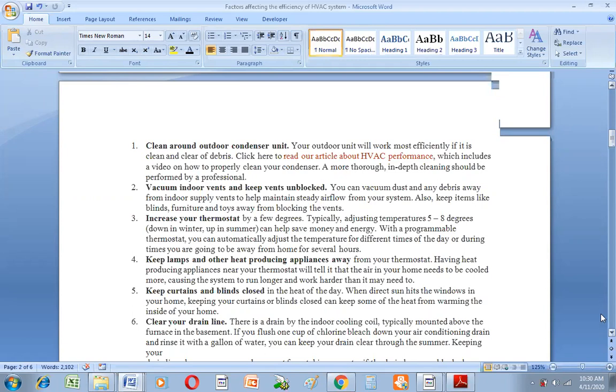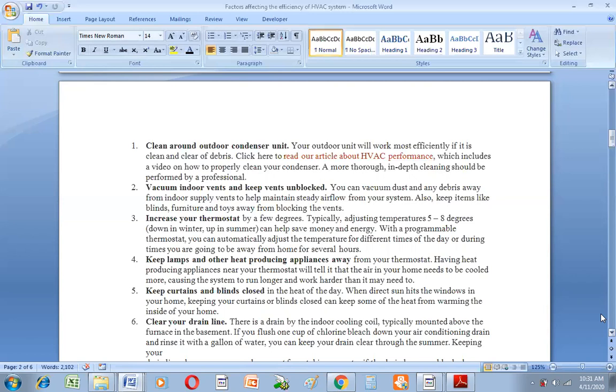This is a very important point. If there is a thermostat and if we keep an incandescent lamp near the thermostat, then what will happen? Unnecessarily, the thermostat will feel that the temperature inside the room is very high, and unnecessarily it will switch on the HVAC system. So the very important thing is we have to keep the lamps away from the thermostat. This is a very important point.